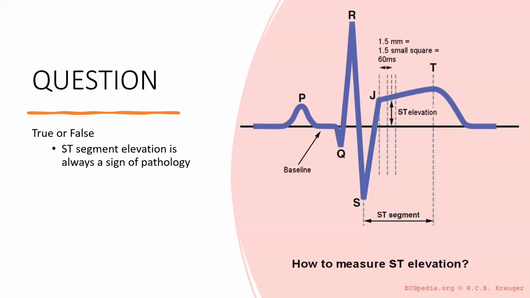All right. So having established that the sign of a STEMI is ST segment elevation that is significant, we're now going to move forward to diagnosing the area where there is an infarction.